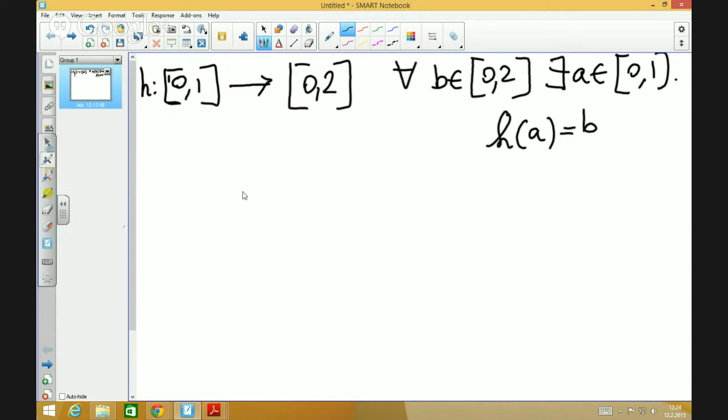Fantastic. So what would be a good definition for this function h? Okay, there is a subliminal message in the form that these two intervals take. One of them goes from 0 to 1. The other one goes from 0 to 2. So where do you think it's a good idea for h to map the point 1?